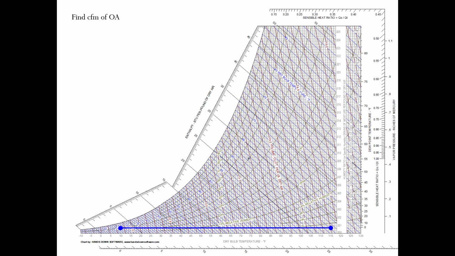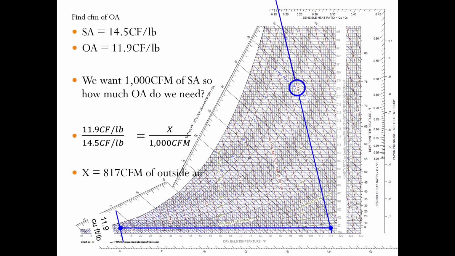We talked about what happens when we heat up air. The volume that 1 pound of that air occupies increases, right? As the air temperature gets hotter, the air volume is going to expand and increase. So what we need to do here is simply plot our specific volume of our outside air and our supply air and just do a little ratio.